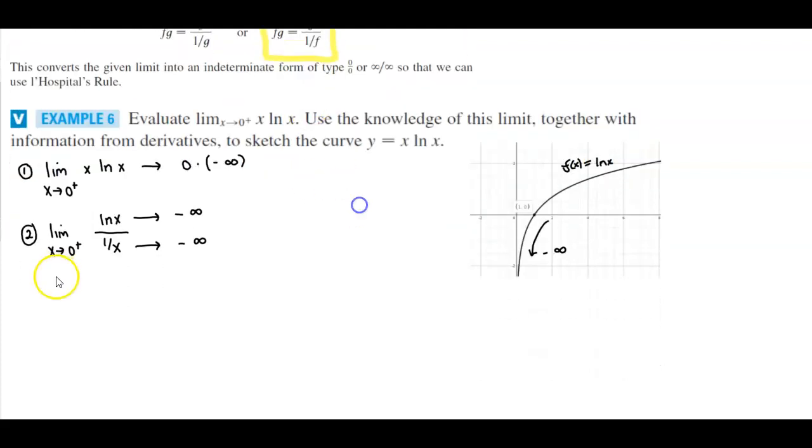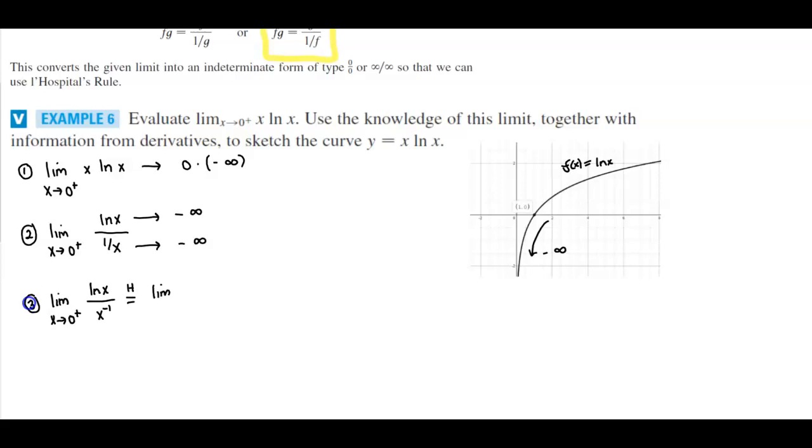So now we're going to take the derivative of the numerator and denominator by using L'Hopital's rule. But before we do, let's rewrite this: the limit as x approaches 0 from the right of the natural log of x over x to the negative 1. So now we're going to use L'Hopital's rule.